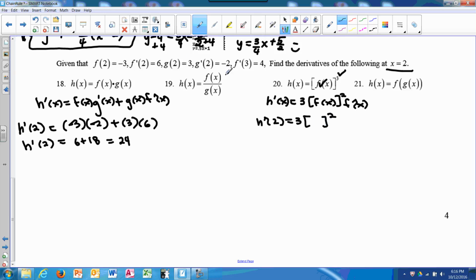Since the new thing we're doing was chain rule, we'll go through 20 and 21 together. So the chain rule says that we take the derivative of the outside, leaving everything else the same, times the derivative of the inside. So h prime 2 is 3 times f of 2, which is -3, and that's being squared, and then f prime at 2 was 6.